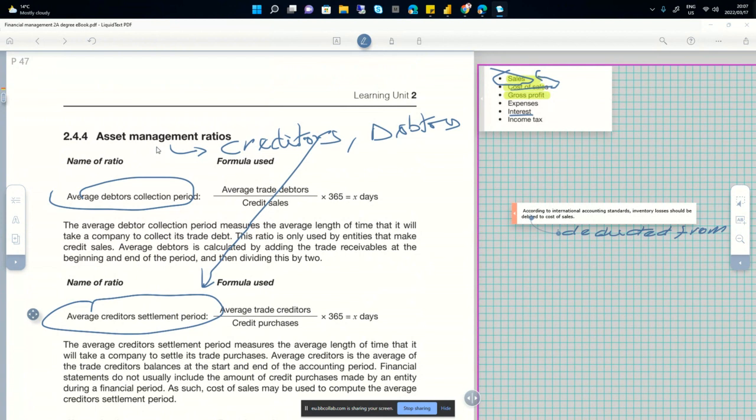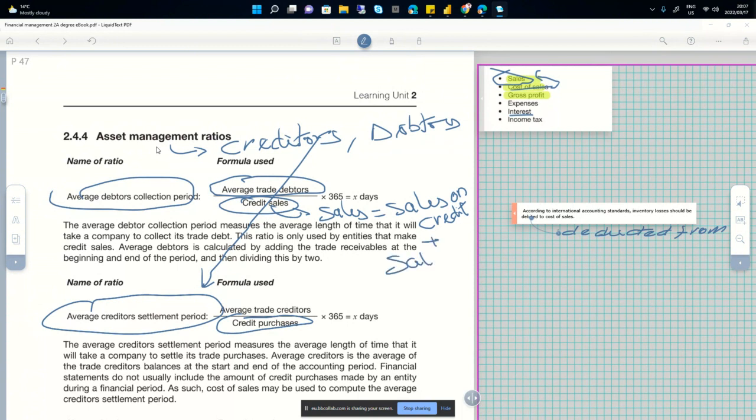That's why it is divided by the credit purchases. How much time is it going to take us to pay back? But for our debtors, how much time it takes our debtors to pay us back. And that's why these are different. We're looking at credit sales, not sales. Remember, we have sales, but we must make the difference between sales on credit plus sales that is not on credit, or cash.